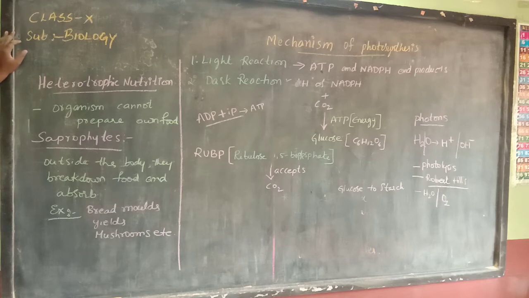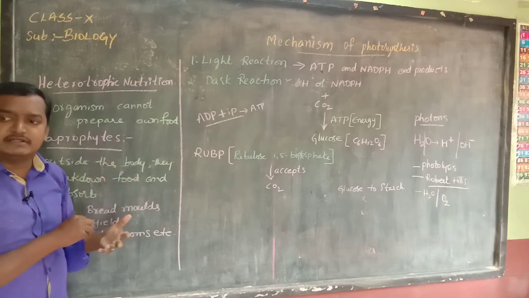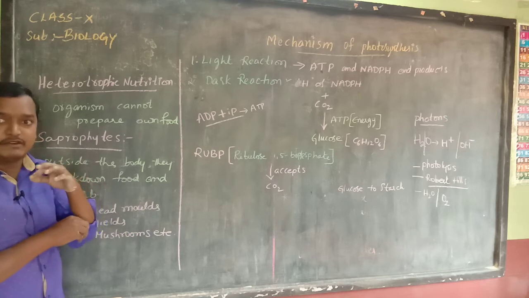So next is saprophytes. Saprophytes are a special type of organisms which break down the food materials outside their body. Generally, where do we break down food materials? Inside the body, not outside.